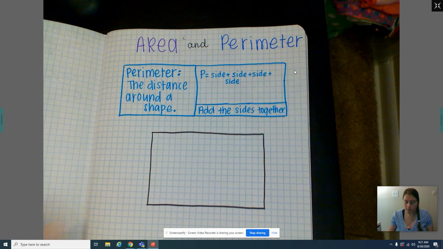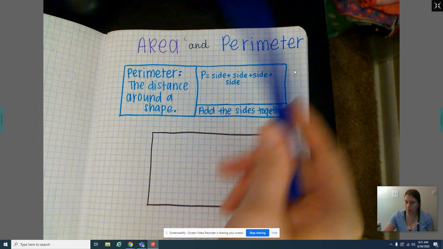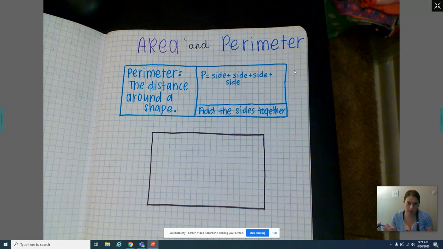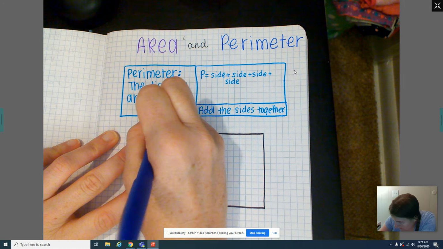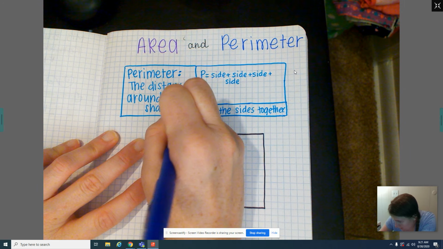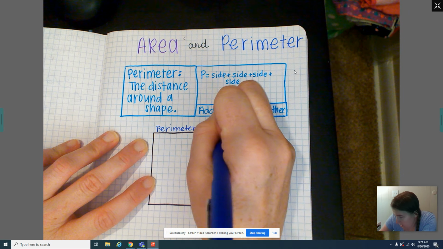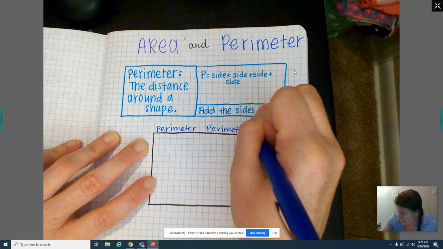I'm going to take my blue marker, and the reason I'm doing blue is because at the top of the page up here, I wrote perimeter in blue. All of my perimeter notes are in blue. And I am going to write the word perimeter all the way around the box.